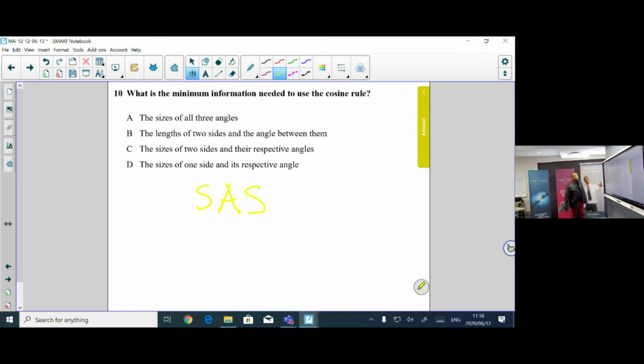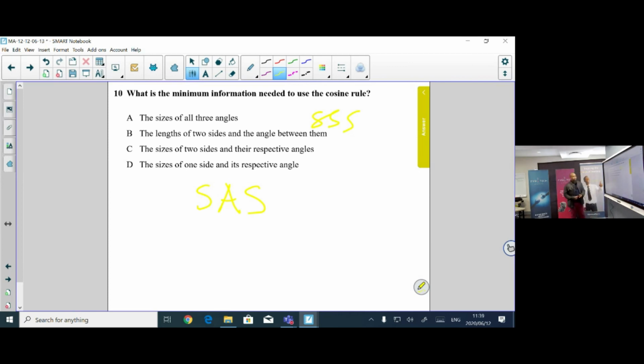The first situation is side, side, side. So you cannot use the cosine rule as such to solve such a triangle. Though with experience, you realize that you could use it in a form where you already have the three sides, like in the last example, where we were looking for an angle.